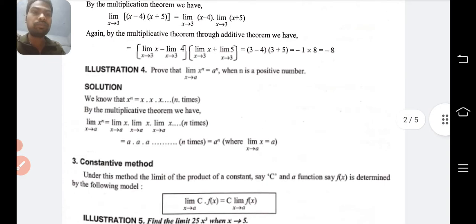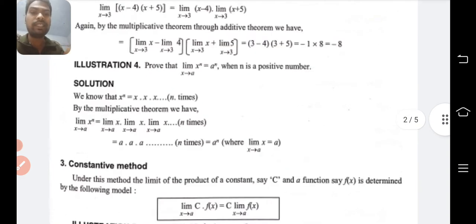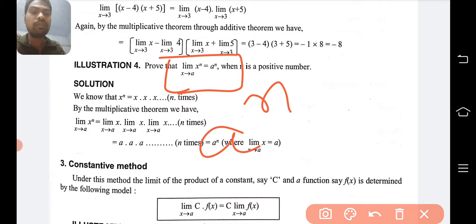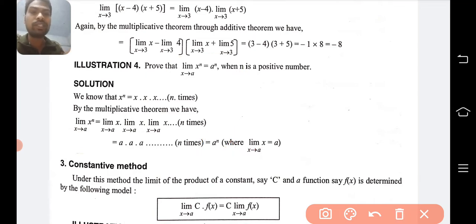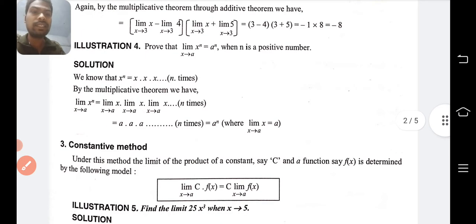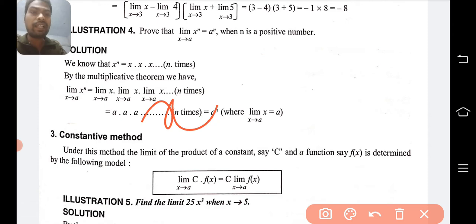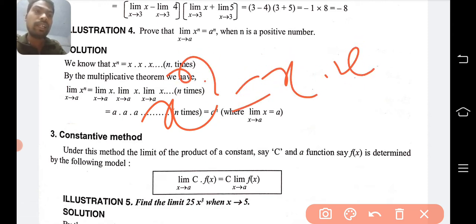Clear? So you have to prove that if the limit of x tends to a is given, then the limit of x to the power n equals a to the power n. How can we prove this? We know that x to the power n is equal to x into x into x, it means x is multiplied n number of times.